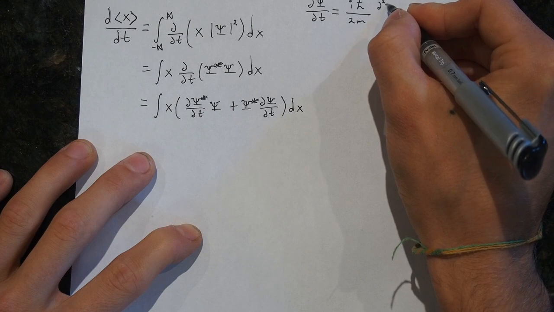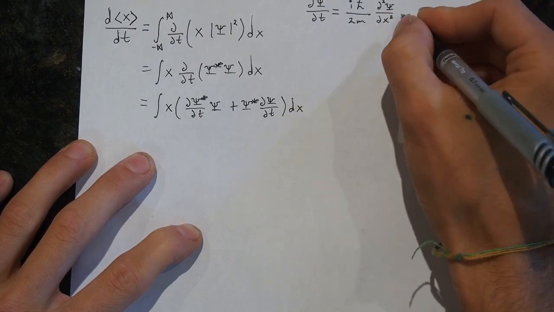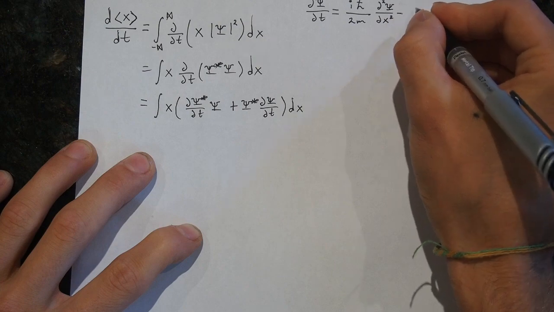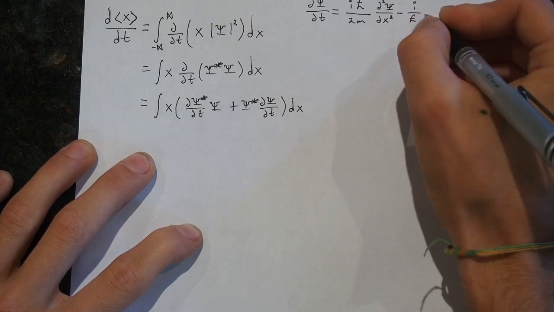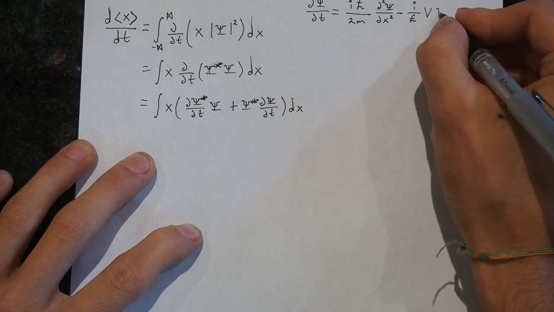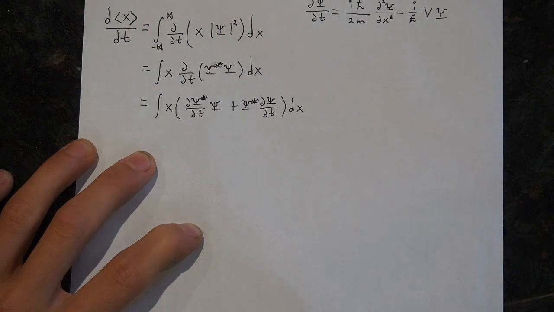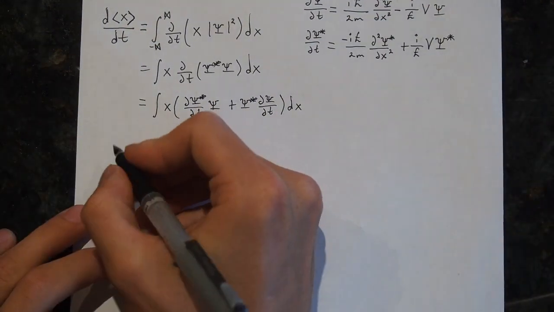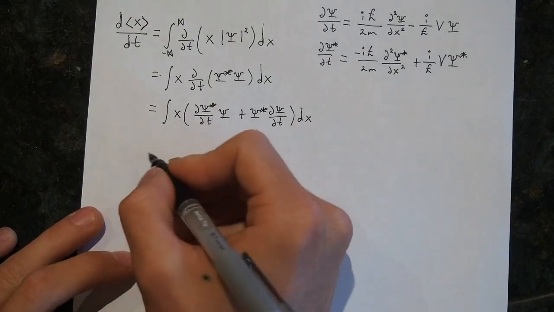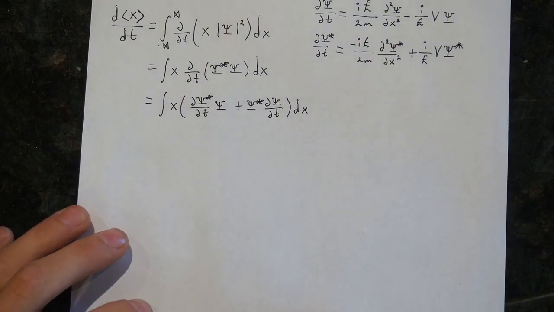And we have the second partial with respect to space of the wave function minus i over h bar times the potential energy times psi. So now we can just conjugate this entire equation. Okay, so we can plug that into our equation. It's going to get rather large, but we'll have some faith and it will simplify down quite nicely.